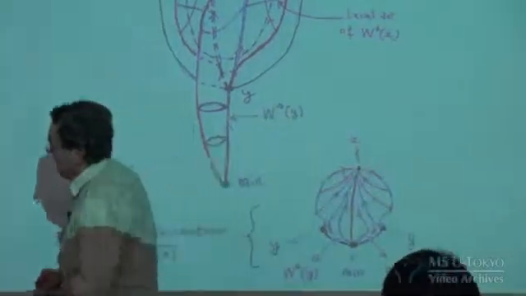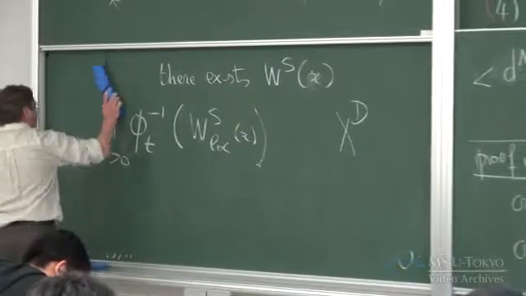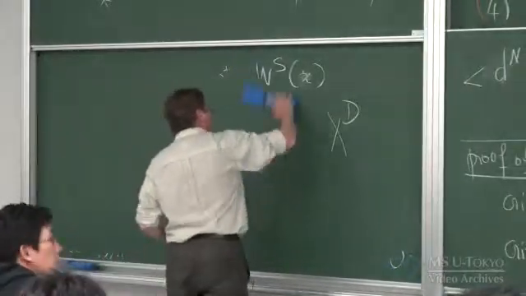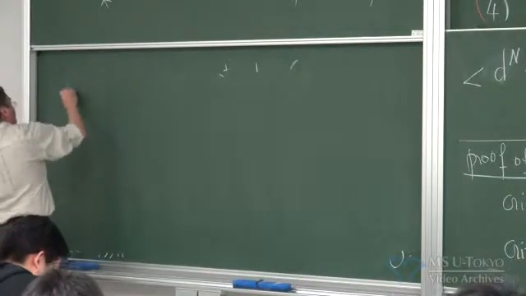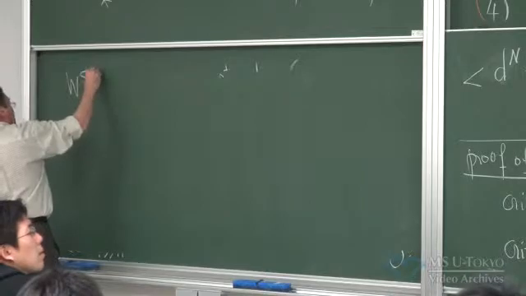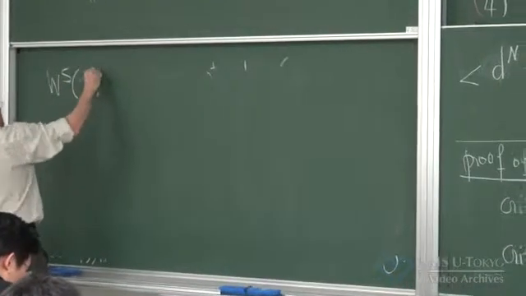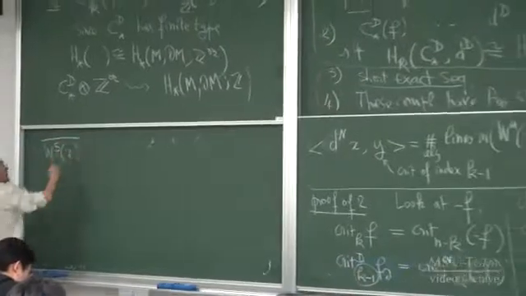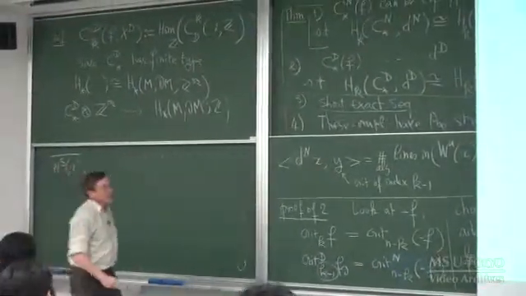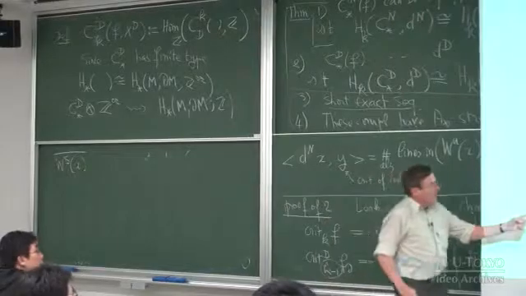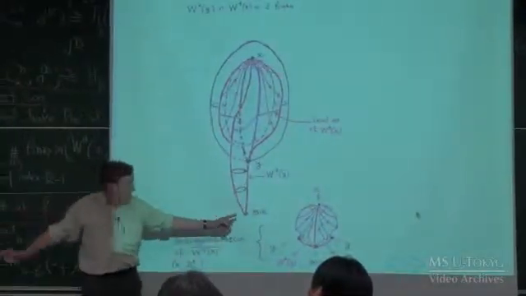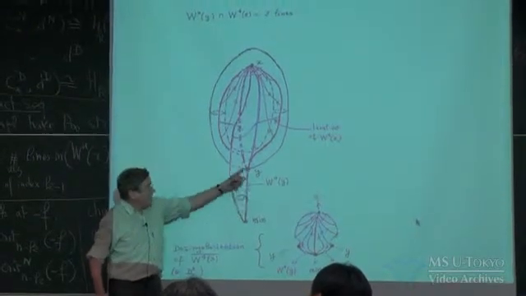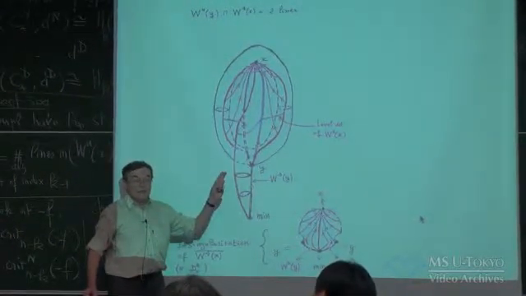So maybe the best is to repeat this picture. I look at WS of X and its compactification. In the closure of this manifold, you have this line counting twice.